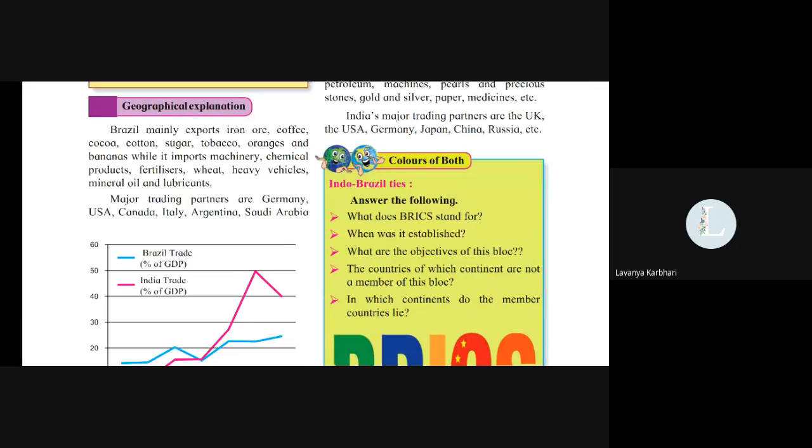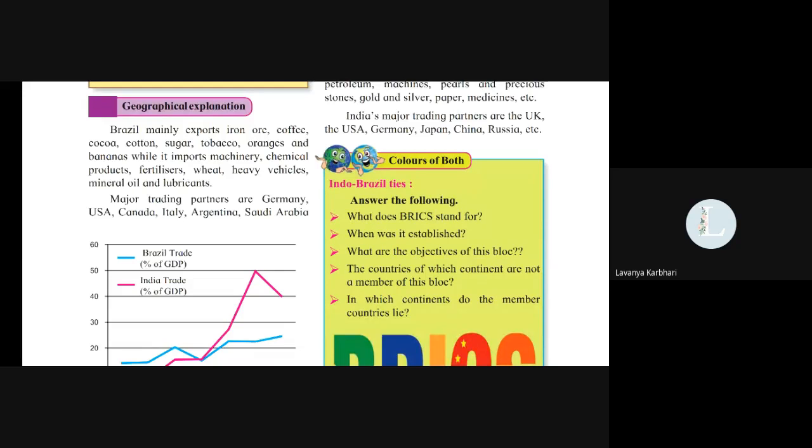So this is the list given of which things are imported and which are exported by Brazil. Exports are iron ore, coffee, cocoa, cotton, sugar, tobacco, oranges, bananas. And imports are machinery, chemical products, fertilizers, etc.